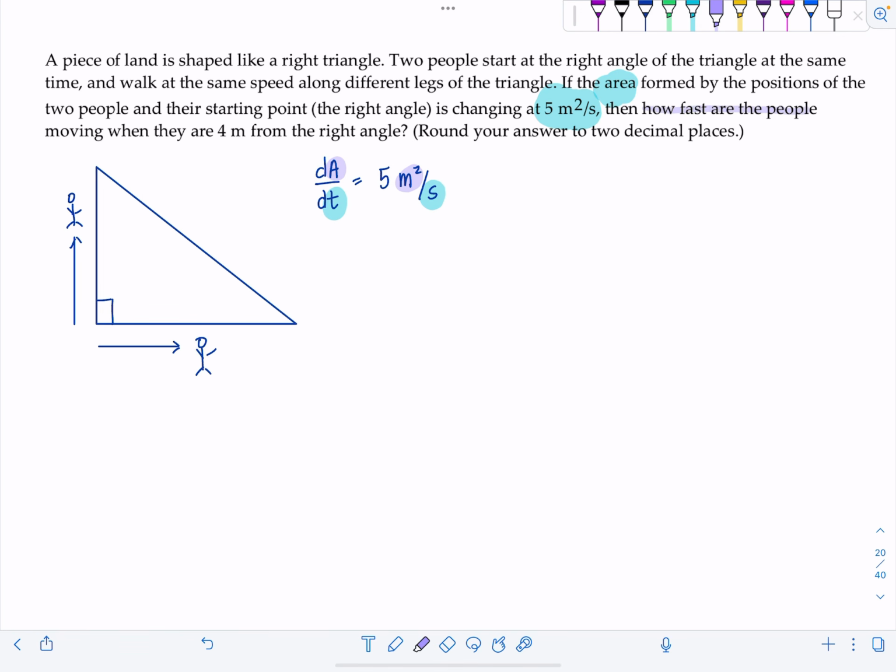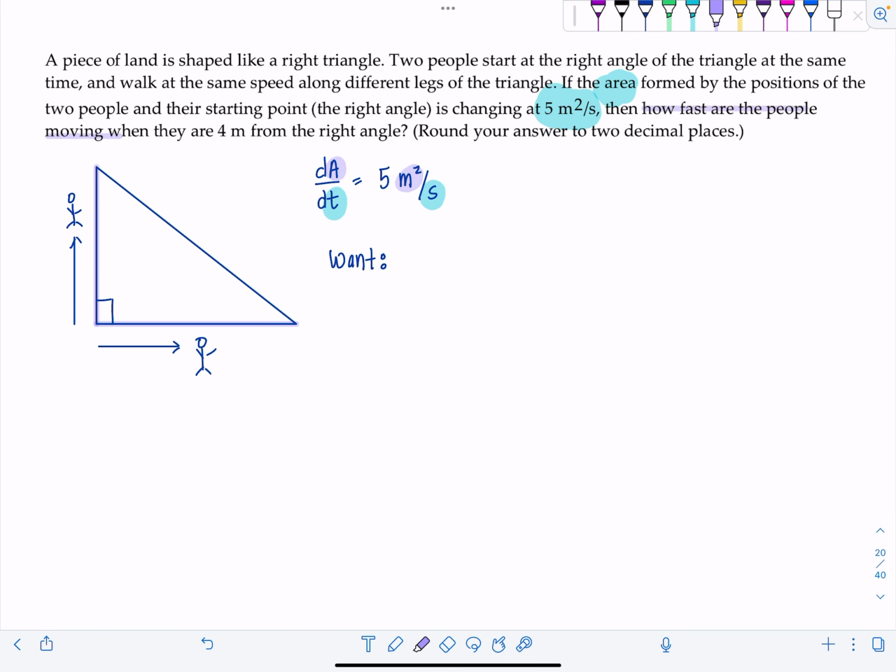What are they asking for? How fast are the people moving? You have to figure out what derivative they want. So that's the rate of change at which this length or this distance that they're traveling is changing. I haven't put any variables down, so let's do that.